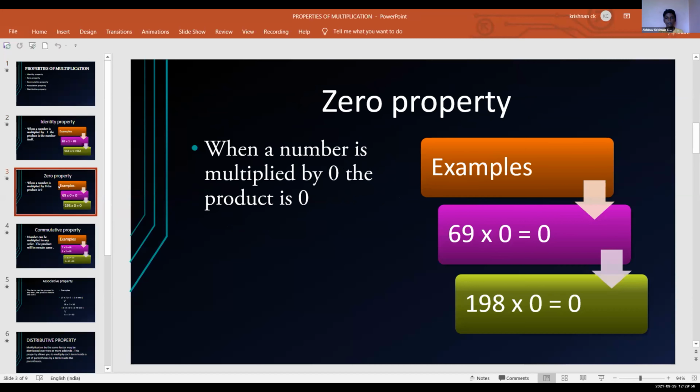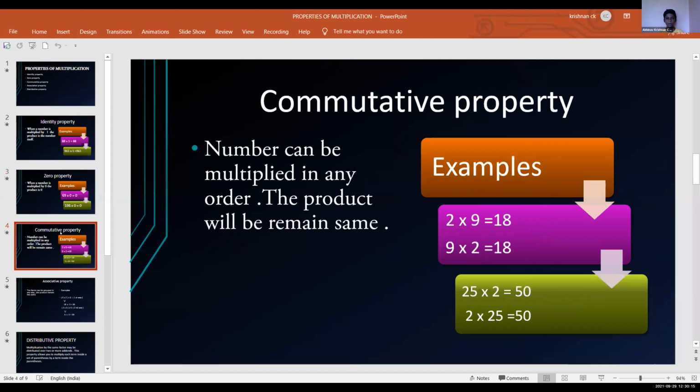Zero property. When a number is multiplied by 0, the product is 0. Examples: 69 into 0 equals 0. 198 into 0 equals 0. Commutative property. Numbers can be multiplied in any order.